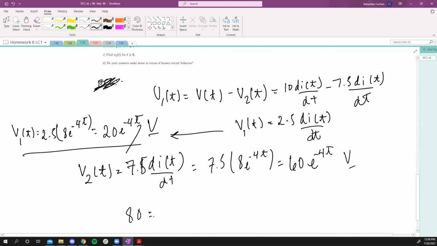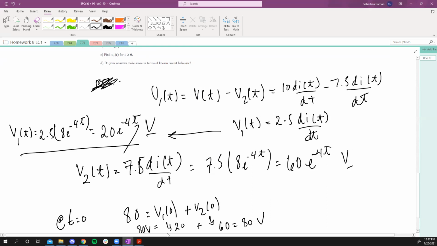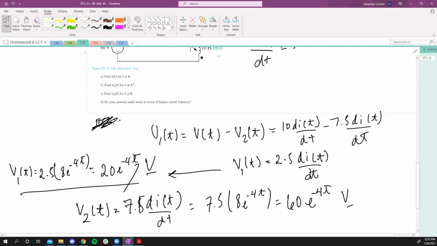So if we were to put the function of v1(t) and v2(t) at time 0, it's 20 plus 60, you add these, 80. So our KVL is satisfied here. So yeah, this would be our answer for 7.70.